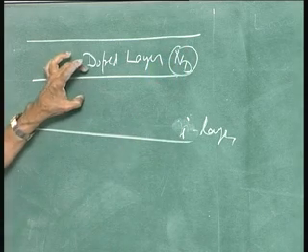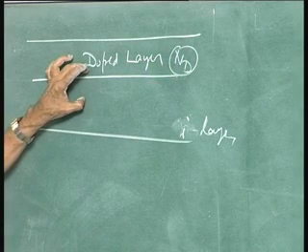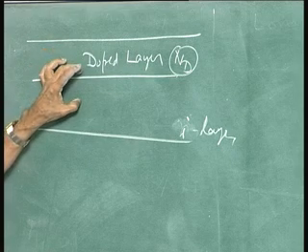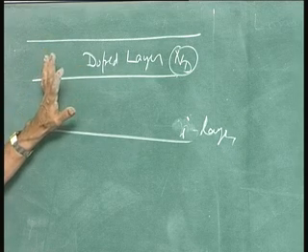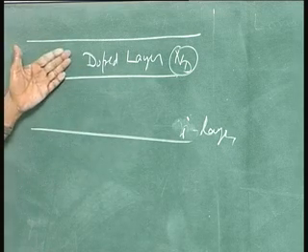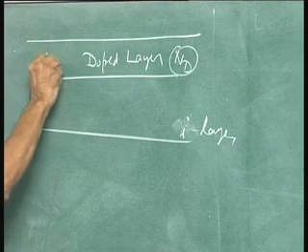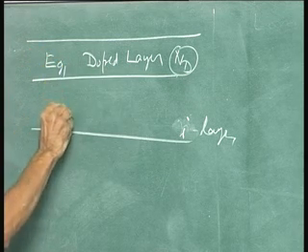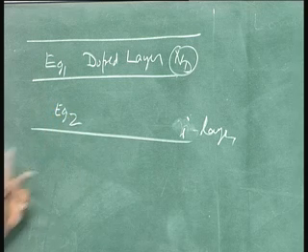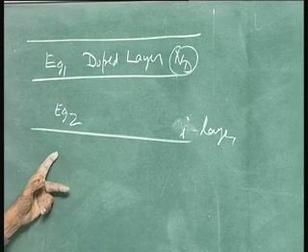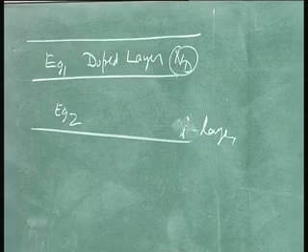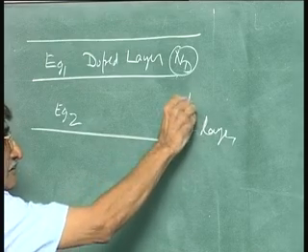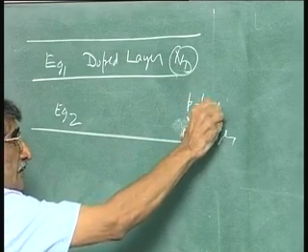Now, this junction, if you make a heterojunction, what you mean by heterojunction is the band gap here is Eg1, band gap here is Eg2. If you do that, which we will illustrate, supposing it is I or P, very lightly doped.